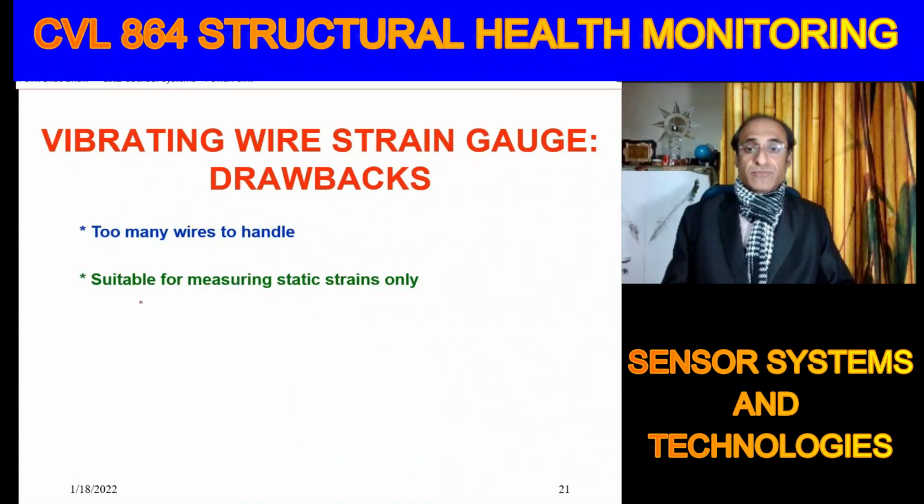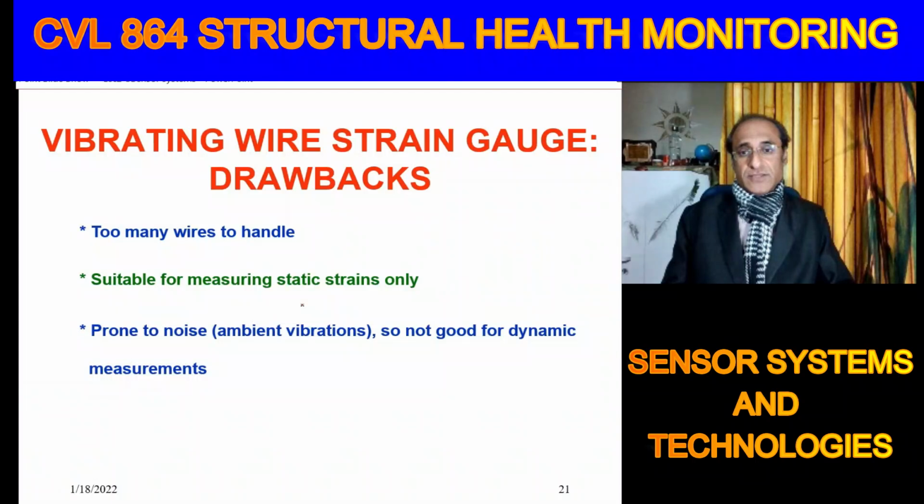It is suitable for measuring static strains because it uses the vibration principle. Because of that, first, it cannot make very fast measurements, and second, the surrounding ambient noise will also interfere. Because it is prone to noise, it is not good for dynamic measurements.